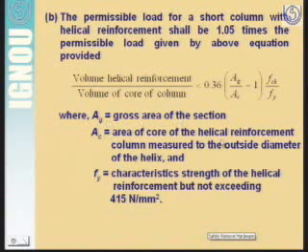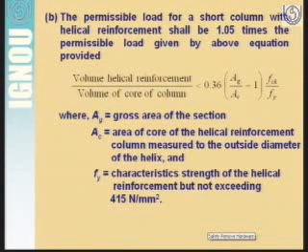So AG is the gross cross-sectional area, AC is the area of the core of the helically reinforced column measured to the outside diameter of the helix, and fy is the characteristic strength of helical reinforcement, but not exceeding 415 Newton per mm square.